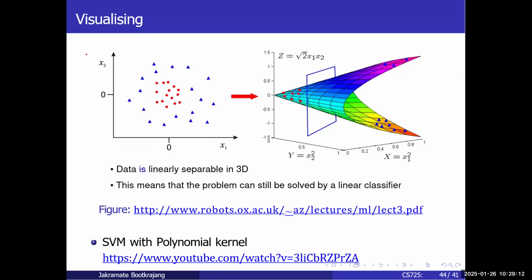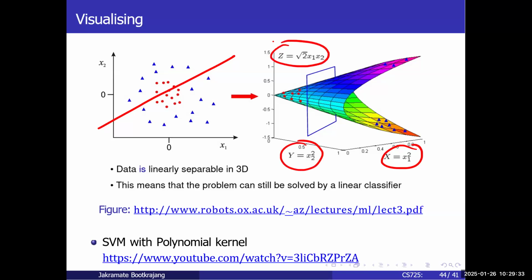You have x1, x2, you have the red, and then you have the blue, right? If you want to separate them, you cannot, right? But if you use this kernel, for example, x becomes x1 square, y becomes x2 square, and z becomes x1 times x2, then you have the red points here, and then you have the blue points here, right?